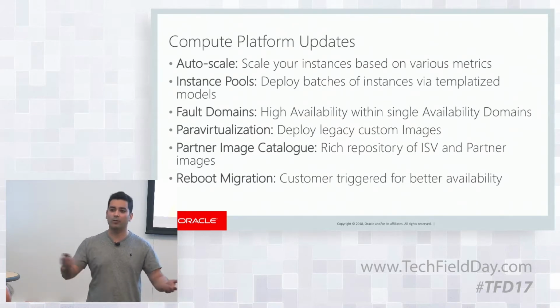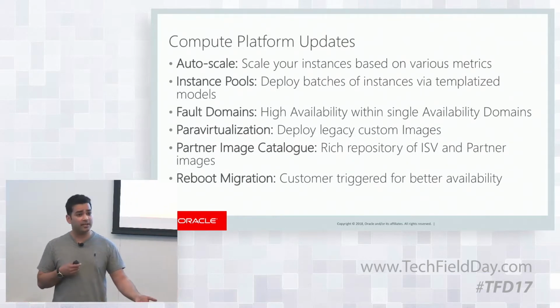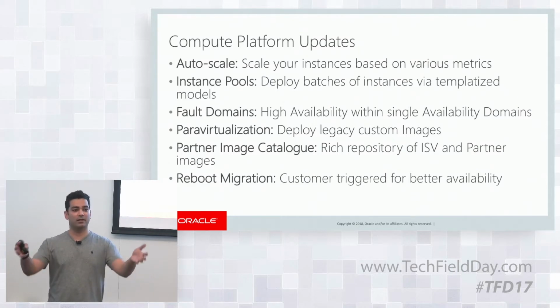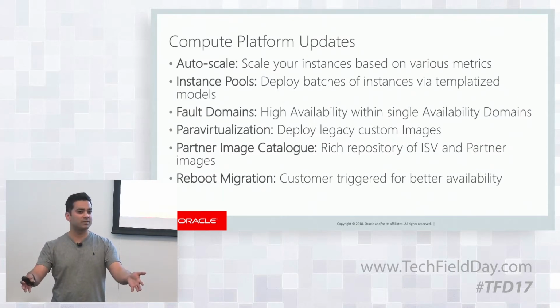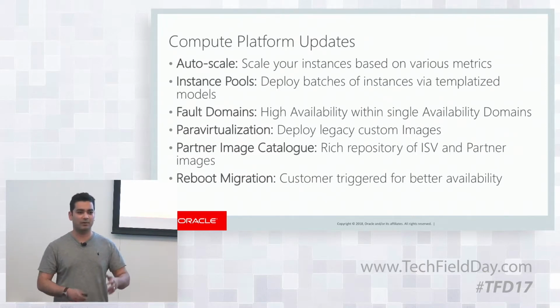If you have bare metal or VM, doesn't matter. You can say, I want to use this image, this particular SSH key, or whatever tagging I want to put onto this instance, and then I'm going to be able to deploy it in a batch amount of clusters. That's instance pools, and that's spread across our portfolio of instances, whether VM or bare metal.